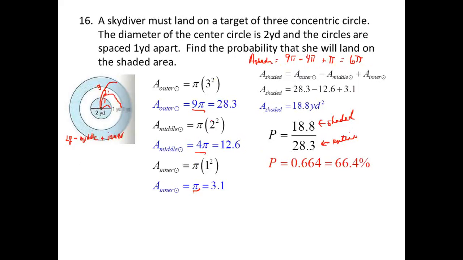And I already know my outer, so I could have said the probability is 6 pi over 9 pi. The pi's are going to cancel out because they're the same numbers, like x. And reduced by 3, you get 2/3. But punch that in a calculator, you get 0.66 repeating, which is 66.6%.